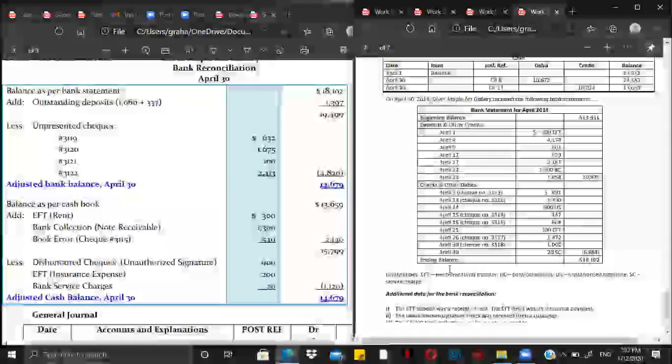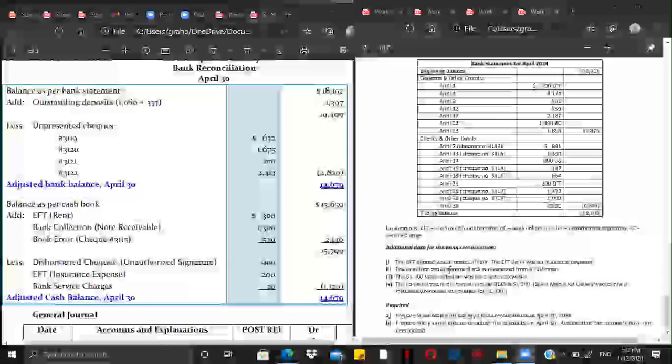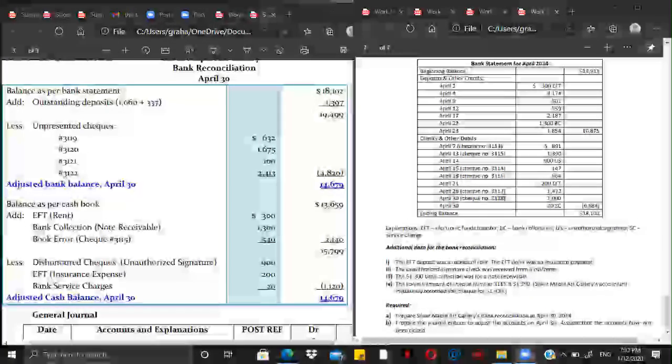If we look on the cash payment side, we see the same check 315 for 1,930. So no, this one wouldn't be a dishonored check. This one is an error.